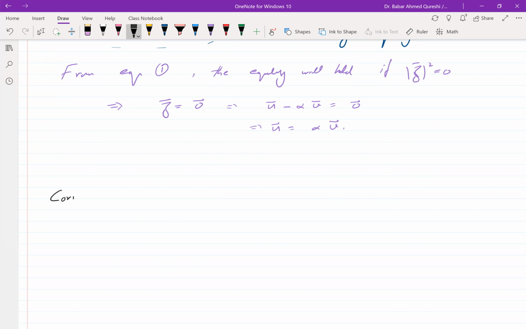Now I have some corollaries from here. So I can write this Schwarz inequality like this.